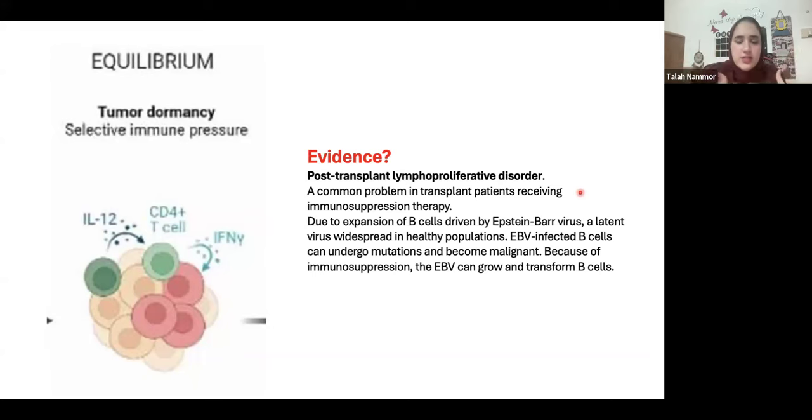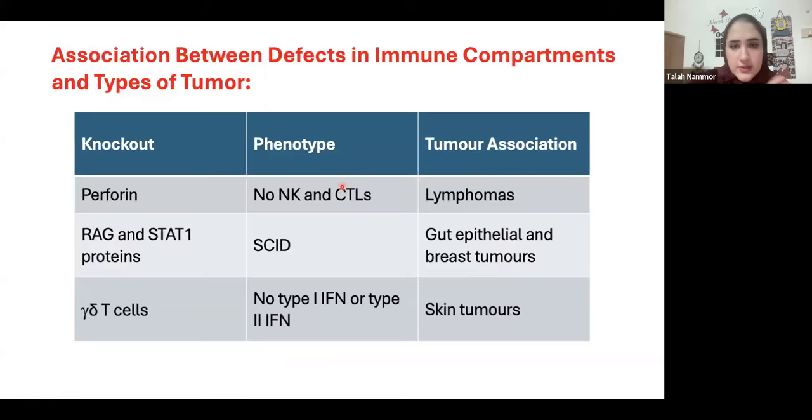So a lot of lymphocytes are going to proliferate, and all of this is going to result in the disorder. All right, and this disorder kind of provides evidence for equilibrium. All you guys need to know is the equilibrium state is proven by post-transplant lymphoproliferative disorder. That's it.